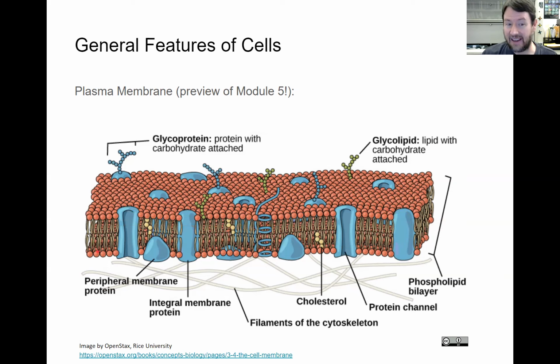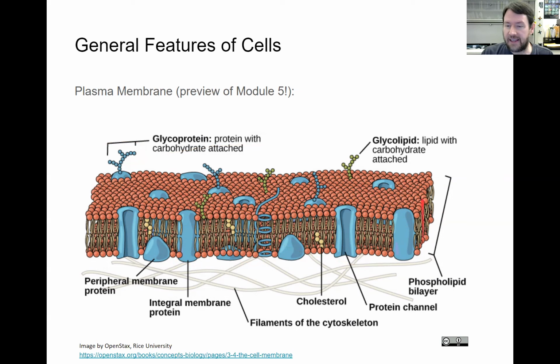And then embedded in that plasma membrane are several different proteins, and sometimes there's glycolipids, which are used for cell recognition, or glycoproteins, which are used for cell recognition. So there's a lot of cool stuff happening in the plasma membrane.